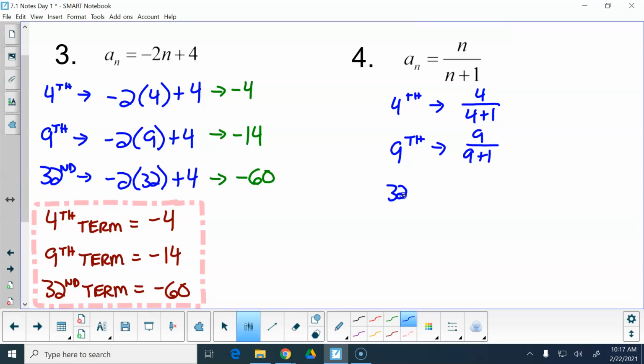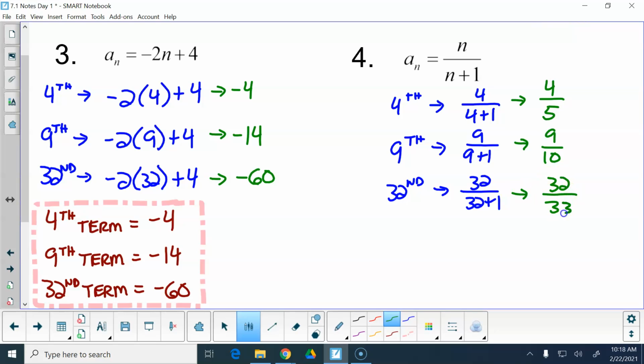And my 32nd term is going to be 32 over 32 plus 1. So that is 4/5, that is 9/10, and that is 32 over 33.